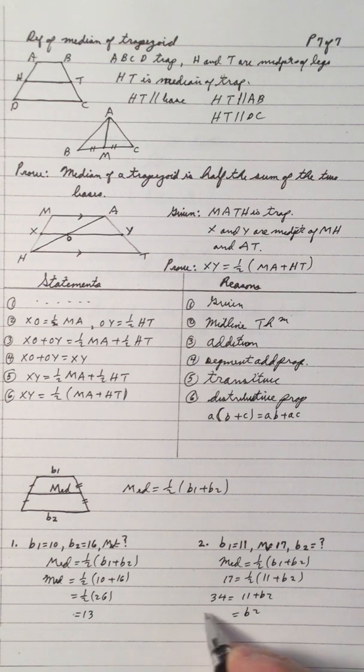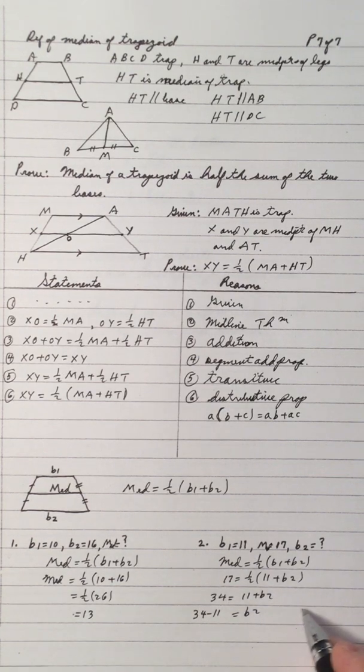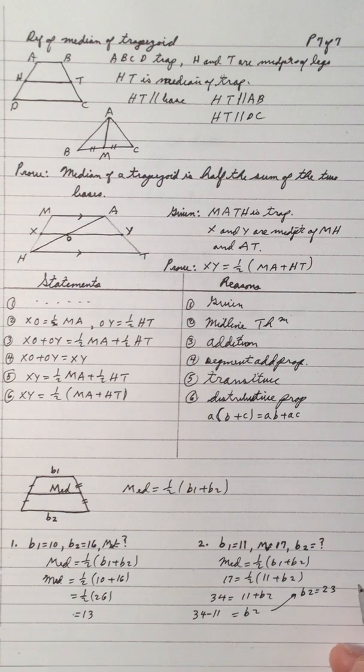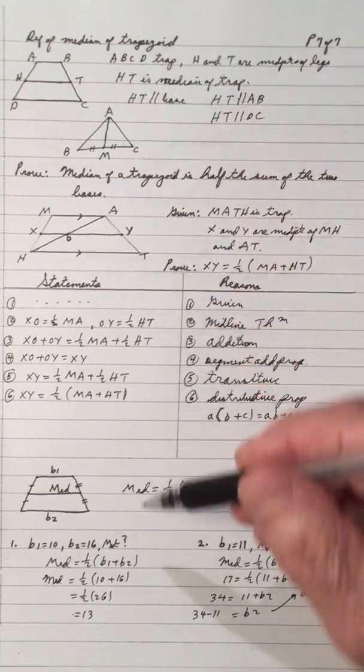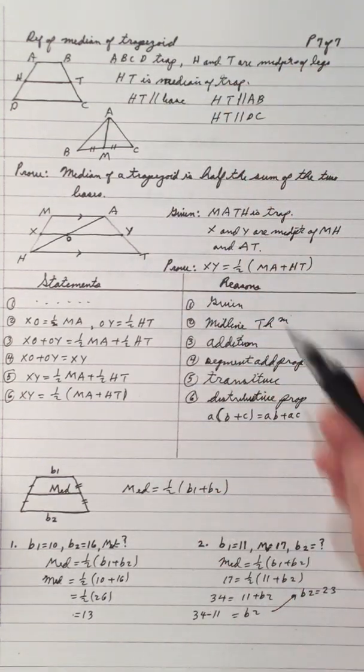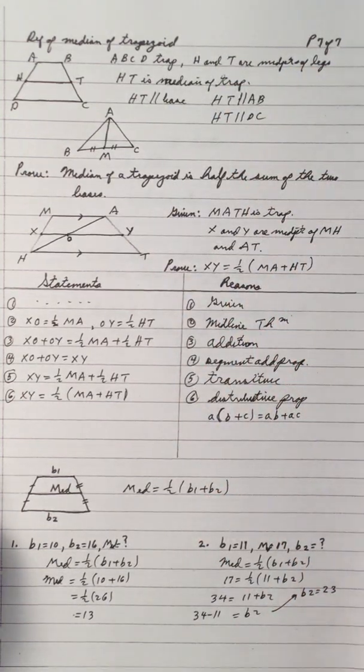So B2 is 34 minus 11. So over here, B2 is equal to 23. So that works out the median of a trapezoid and some problems related to it. And here's a proof done on it.